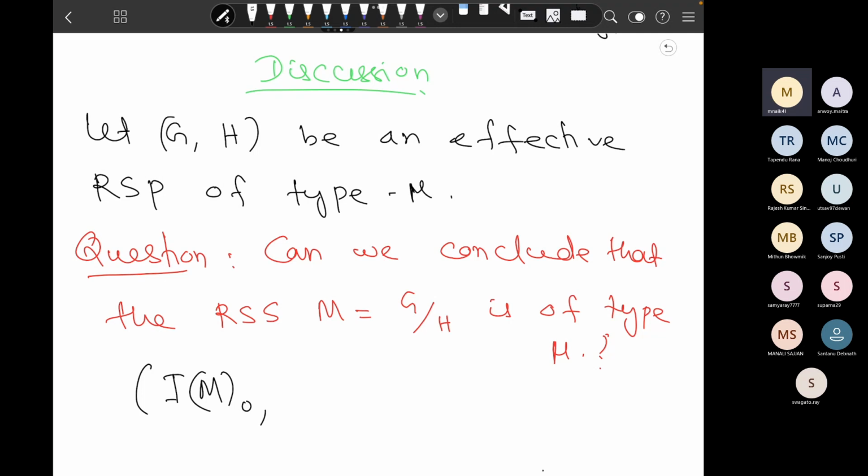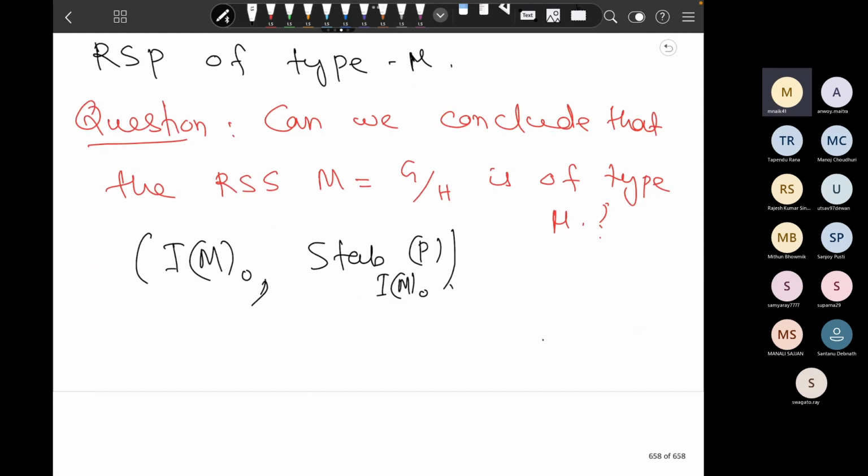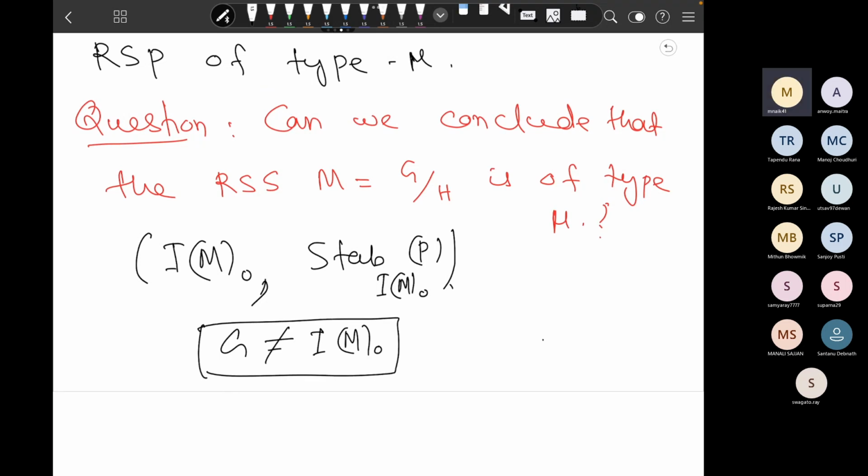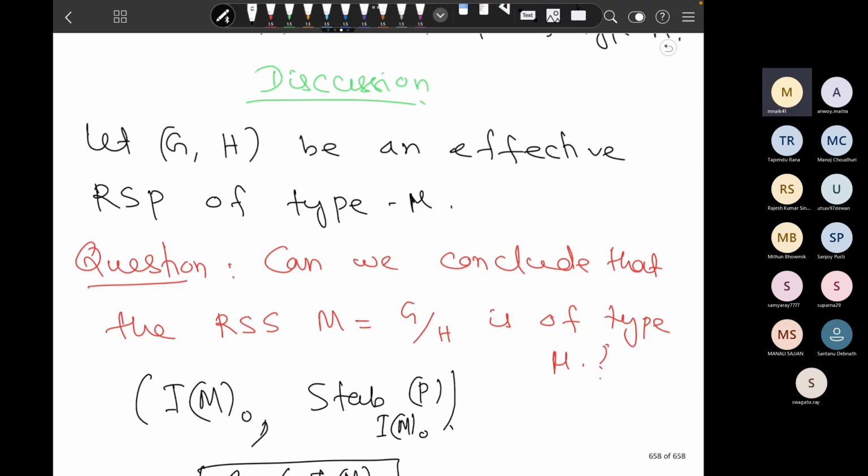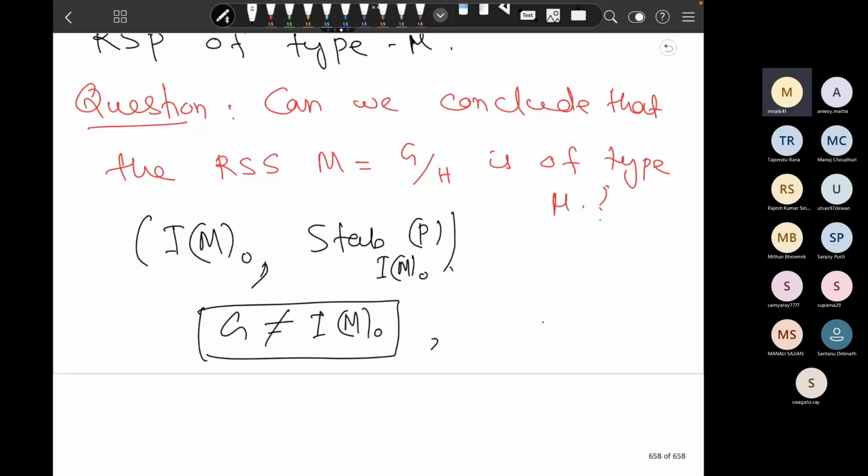To show that this is really of type mu, we must look at the Riemannian symmetric pair I_0 and the stabilizer of P inside this I_0. But we are not sure that G is really I_0 or not. I have given some example where G is not I_0, so this was the main problem.